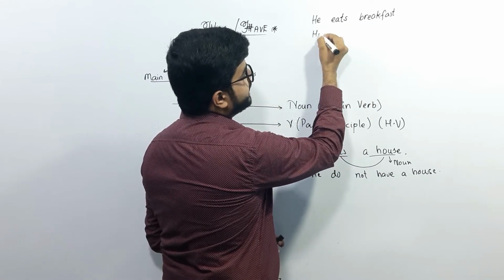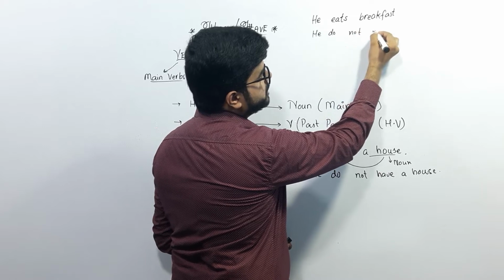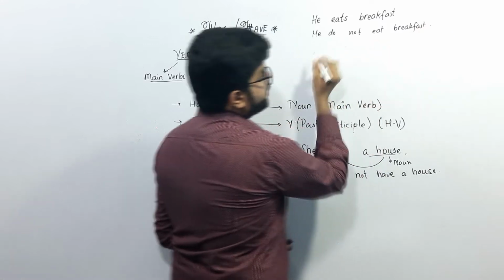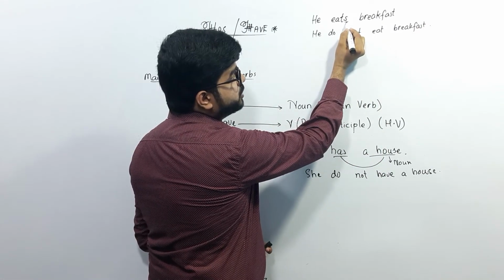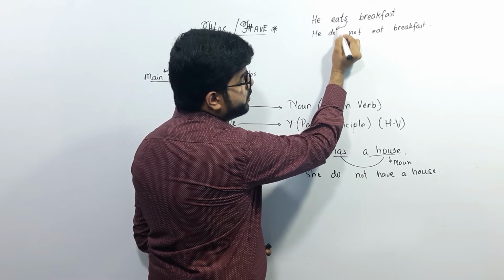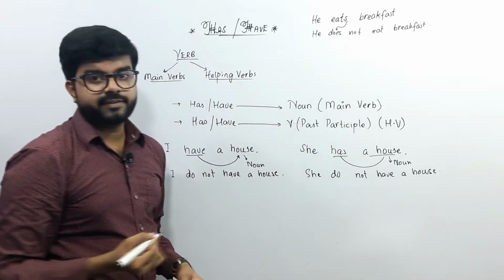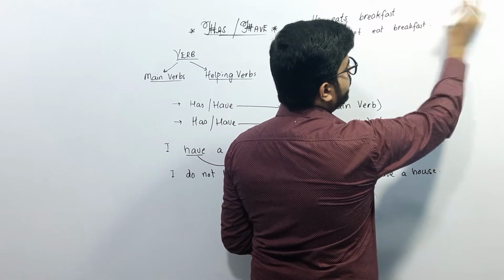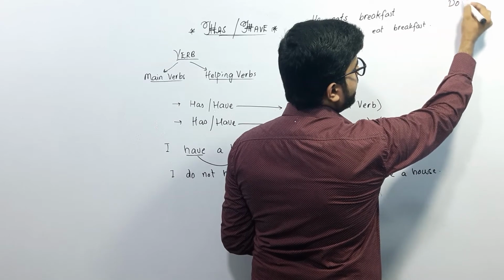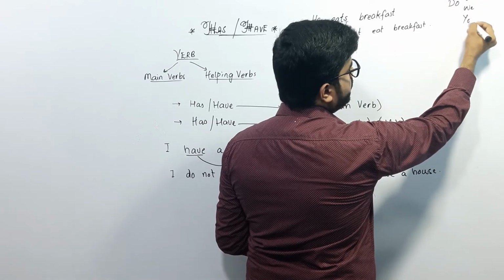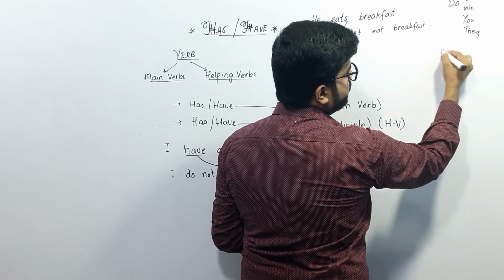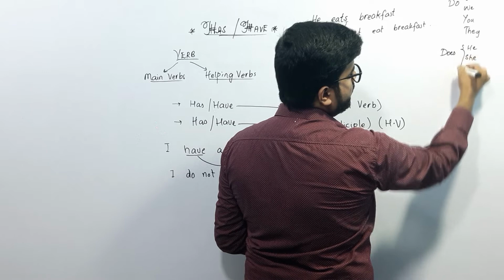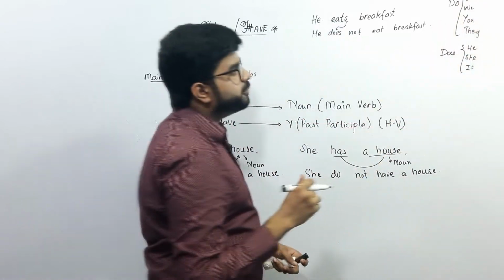In negative what I did, he does not eat breakfast, right? So you remember that I used this s over here with do, and do became does, right? So normally in simple present we use do with I, we, you and they, and we use does with he, she and it, right? Okay, I hope you remember this thing.